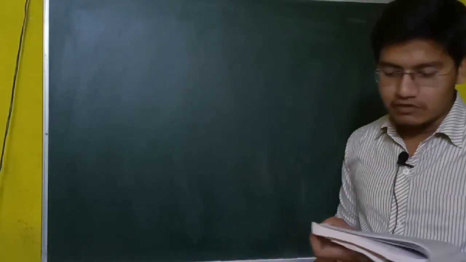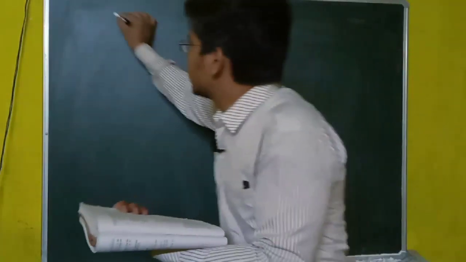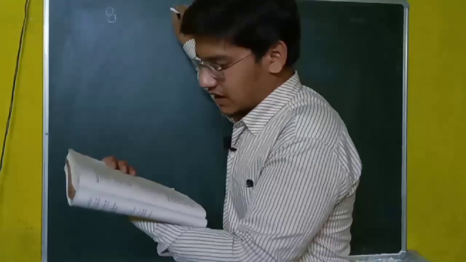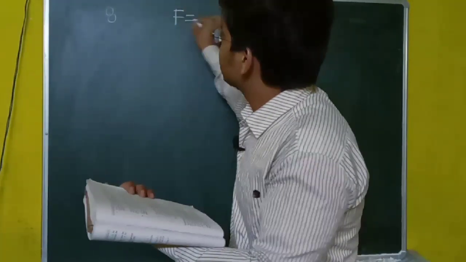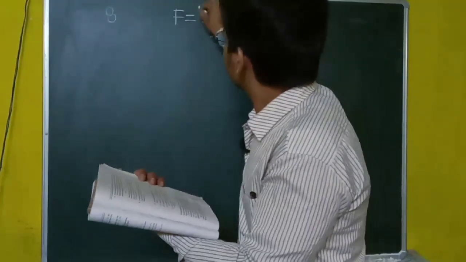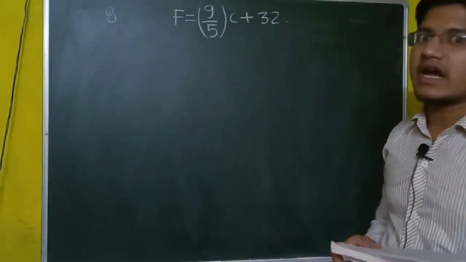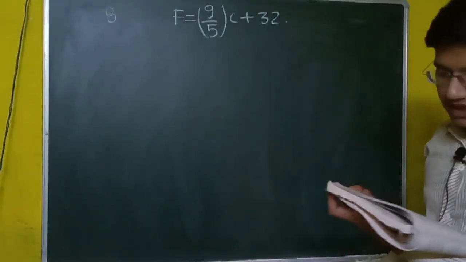Here is a linear equation that converts Fahrenheit to Celsius. They are giving us the equation. That equation says that F equals 9 upon 5 C plus 32.